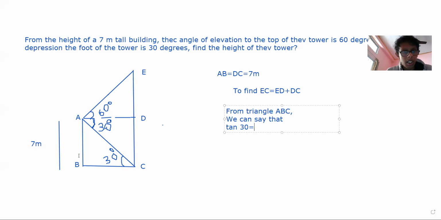What is tan? That is the opposite by the base. So opposite is AB and base is BC. Fine. Now the value of tan 30 degree is 1 by root 3, right? So we are just putting the value.